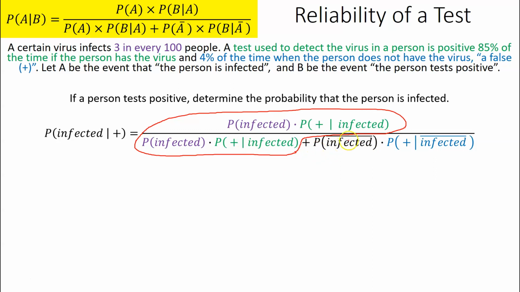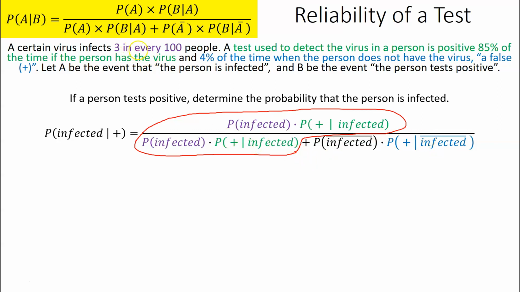I have to do, it could be true, or means to add, or it could be false. So the probability of not being infected, there's that bar, which means the reverse or the opposite, the complement, times the probability of positive given not infected. And that's the blue, you can see right here. 4% of the time the person does not have the virus, that's your false positive.